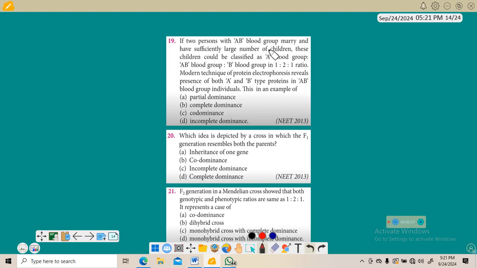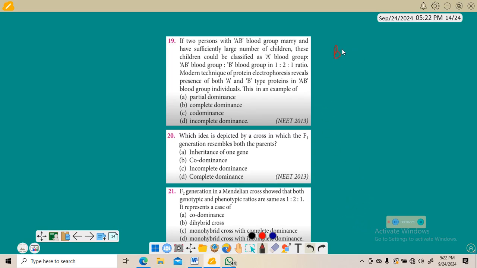If two persons with AB blood group marry and have a sufficiently large number of children, these children would be classified as A, AB, B in 1:1:2. Modern technique of protein electrophoresis reveals the presence of both A and B type proteins in AB blood group individuals. This is an example of... See, they have asked about blood grouping.